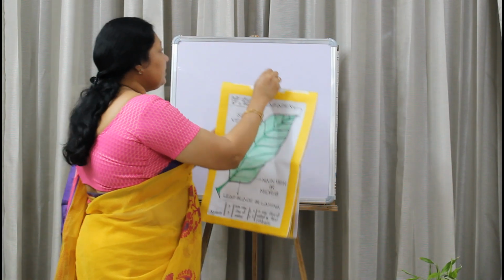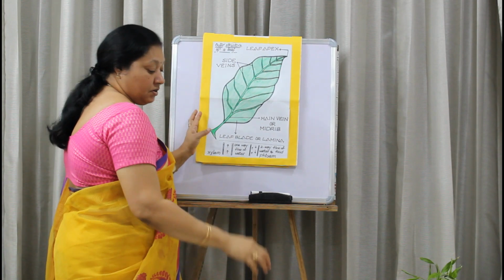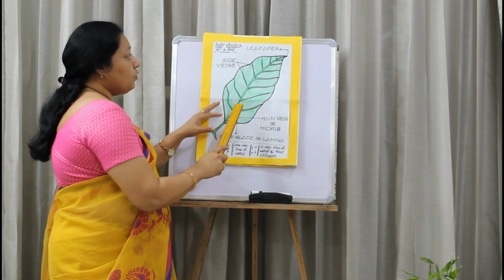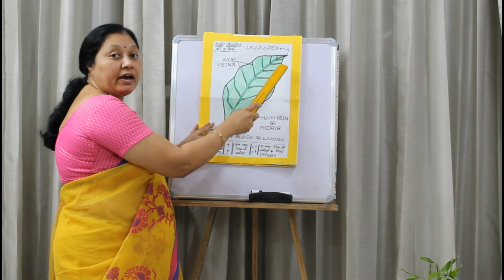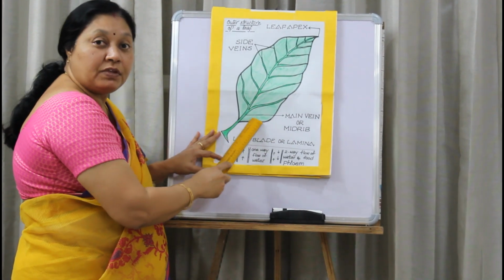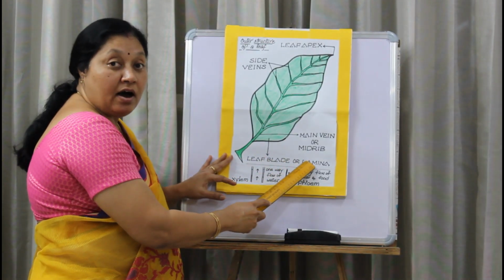Let us have a look at the structure of the leaf. So this is the outer structure of the leaf, where the tip of the leaf is called the leaf apex and the flat portion of the leaf is called the leaf blade or lamina.